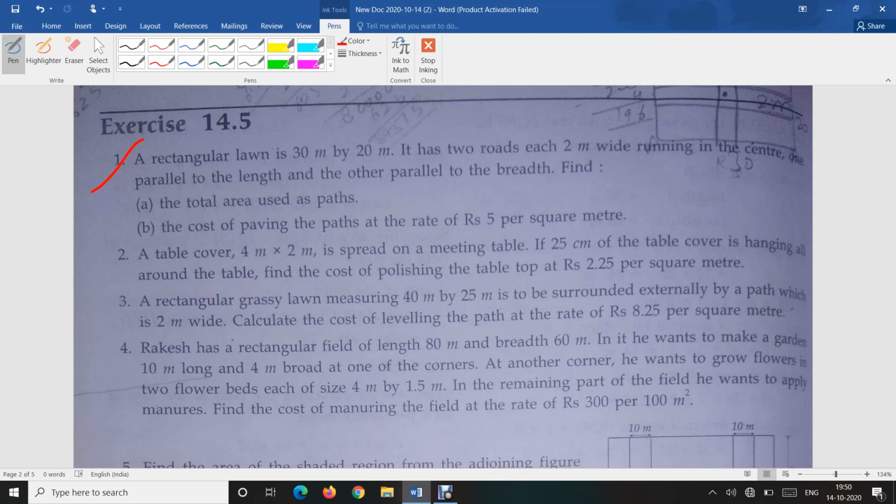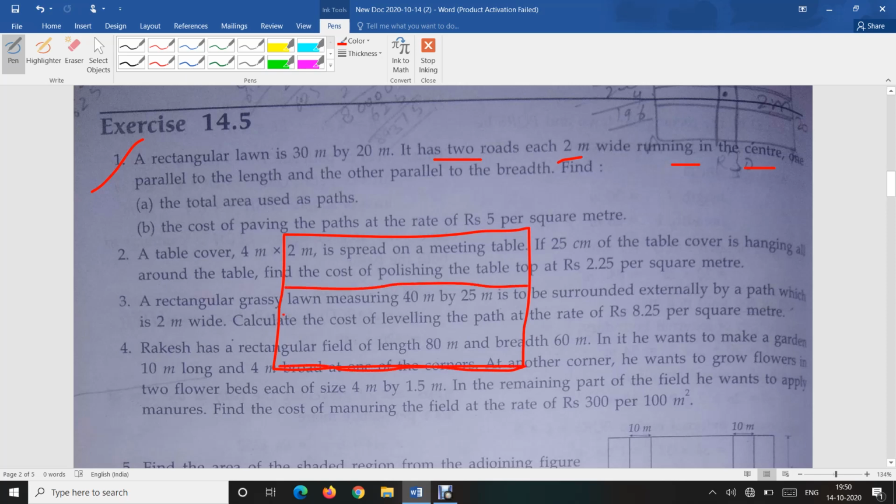Further, the question is saying that it has two roads, each 2 meter wide, running in the center. This is a rectangular lawn. Two roads each 2 meter wide run in the center, one parallel to the length, this is the length.